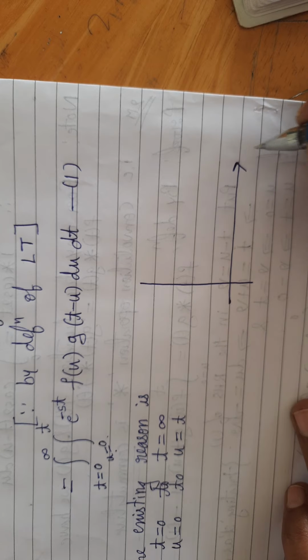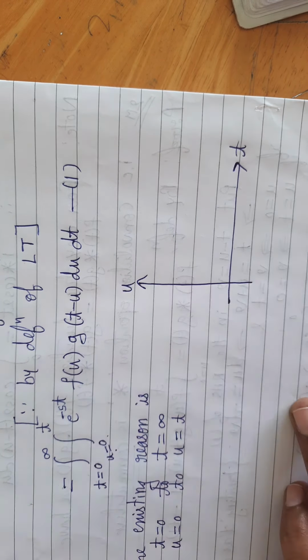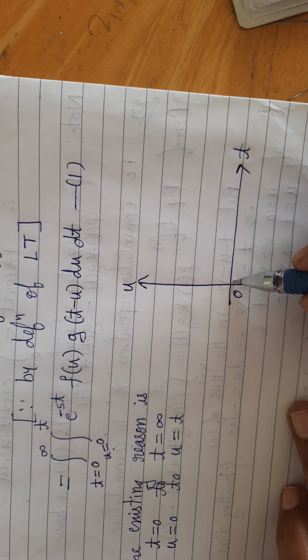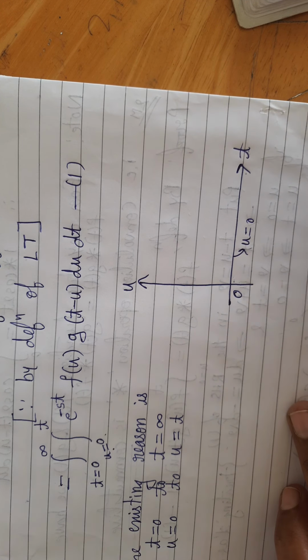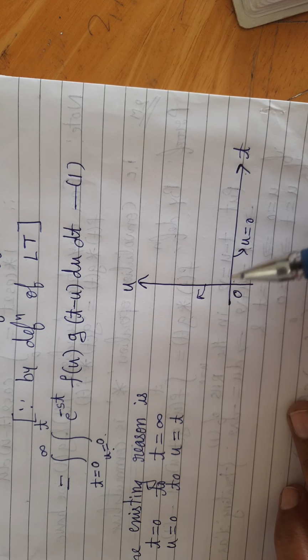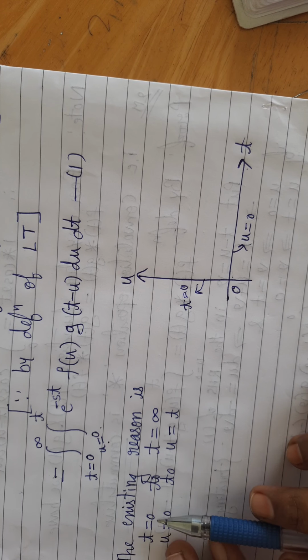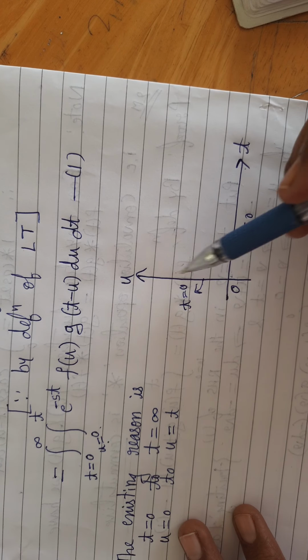Along the x-axis I will take the variable t, then along the y-axis I will take the variable u. It is the origin. So along this axis, u will always be 0. This line is for u equals 0, and on this line t will be 0. So we have here t from 0 to infinity and u from 0 up to t.